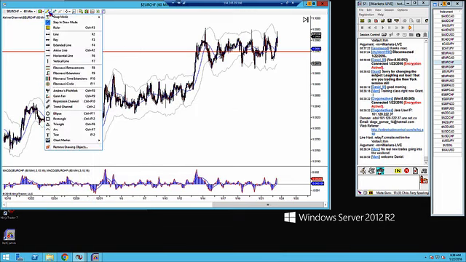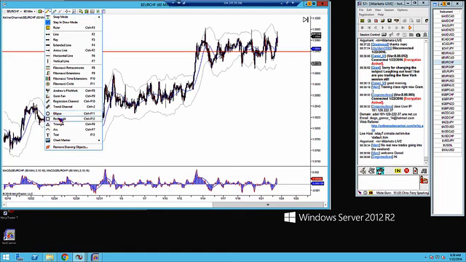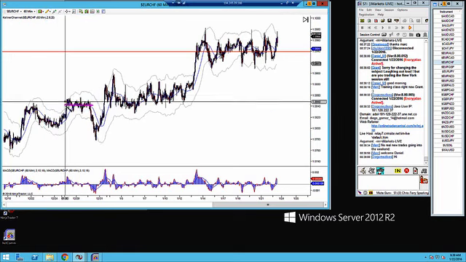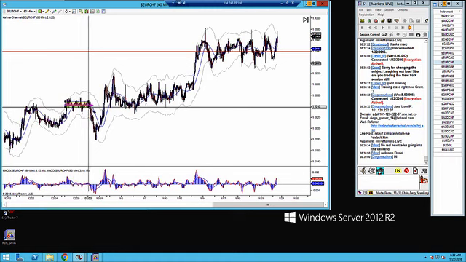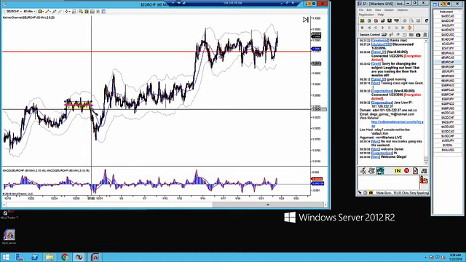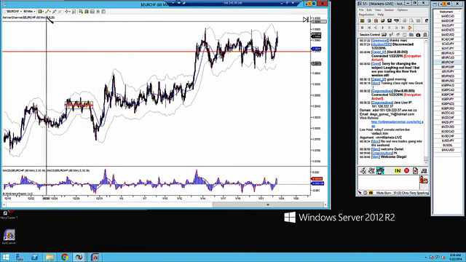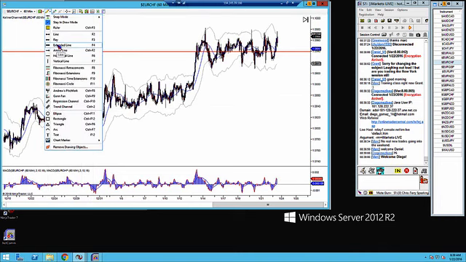What happens is it creates this value area. This is where everybody's comfortable, right in here. This value area is created like this. So let me take some Fibonacci.